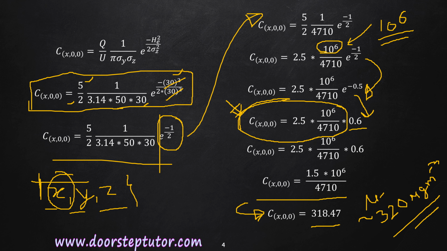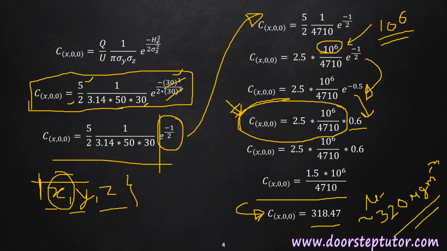Now where does this 10 to the power 6 come from? In this question the options are in microgram, so we have taken this as microgram is 10 power 6.